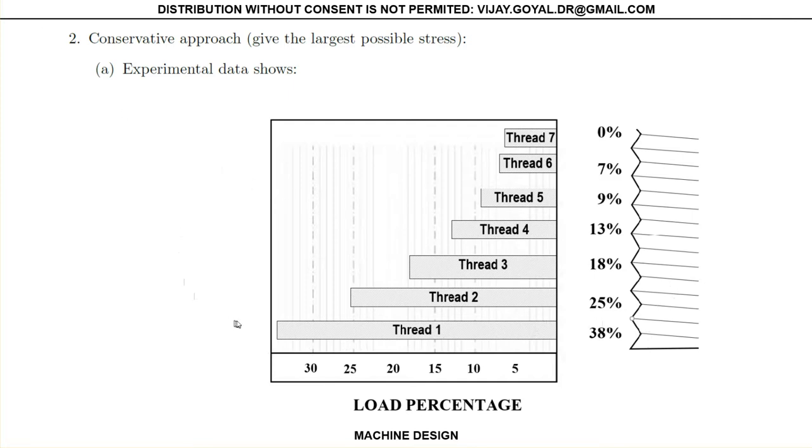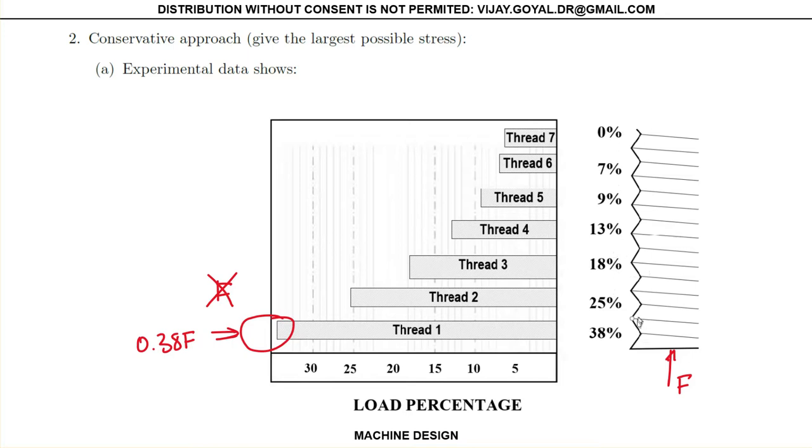So instead of using F, for this thread we're going to use 0.38 times F. You have a load F applied here, and some of the threads are going to experience only 38%. So it's pointless to put that extra burden on each one of the threads to hold the full F when you're really going to experience 38%, because as you move along the threads, the distribution becomes smaller and smaller.